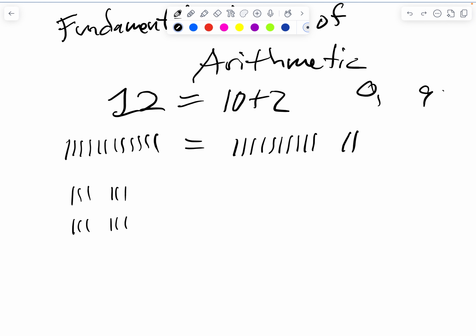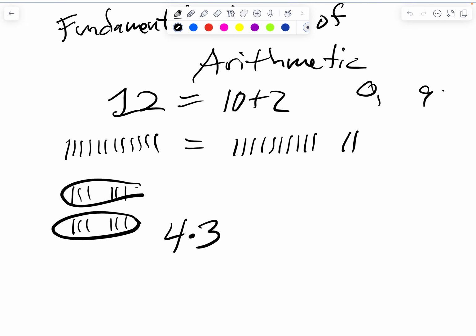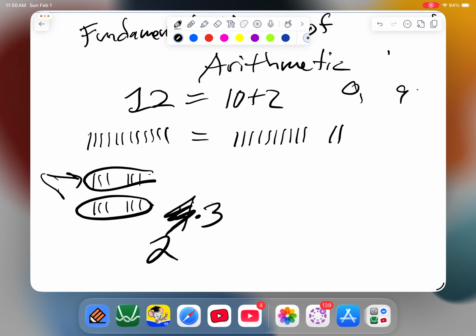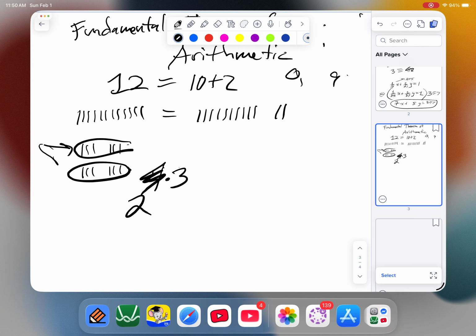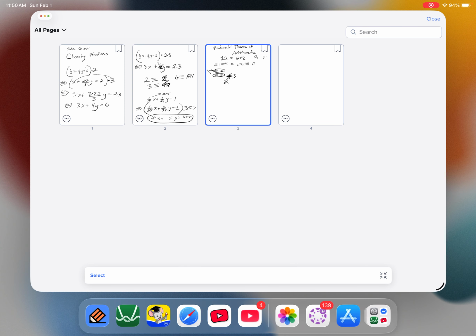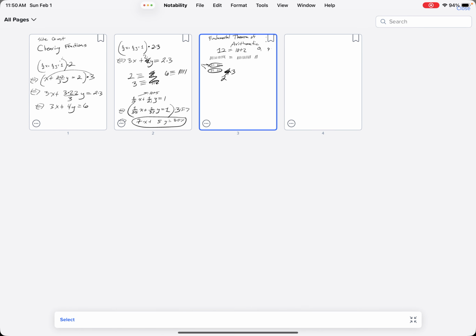Now instead of 12 things, I have 1, 2, 3, 4 things, right? I have 4 things, and each of those 4 things is 3 things, right? But hey, actually, yeah, 1, 2, 3, 4. But you know what? This is the same as that. So really, I have 2 things. And each of these 2 things has, oh man, oh no, I broke it. All right, Apple, how do I fix it?